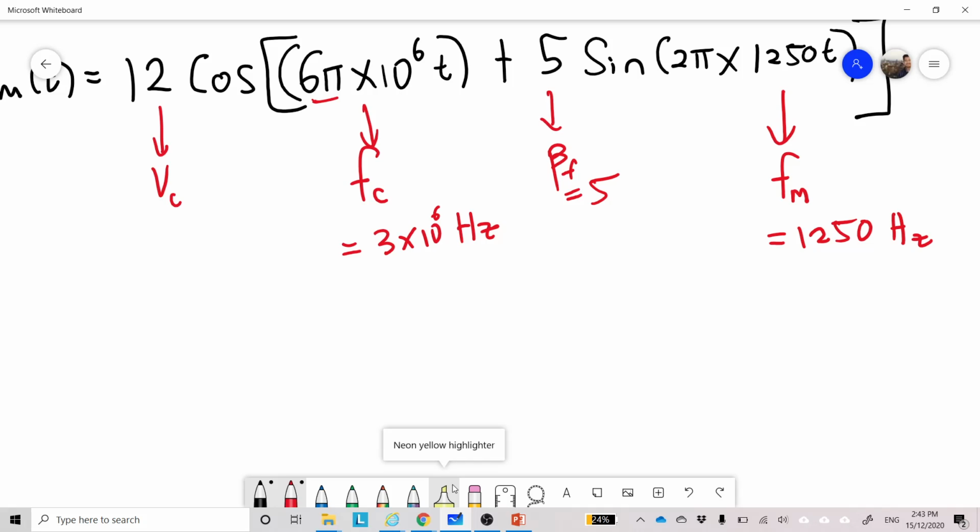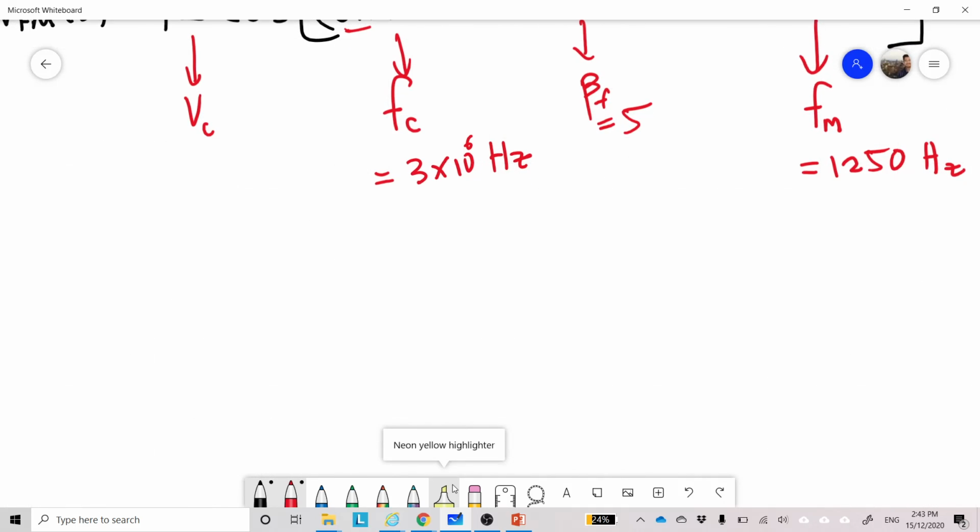Okay. And then the fourth question asks about the frequency deviation. Remember, frequency deviation is equal to delta F. So delta F is equal to KF VM.